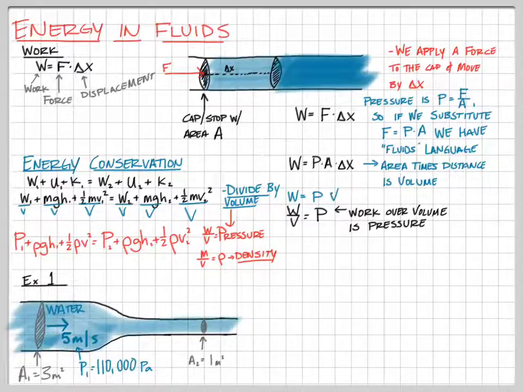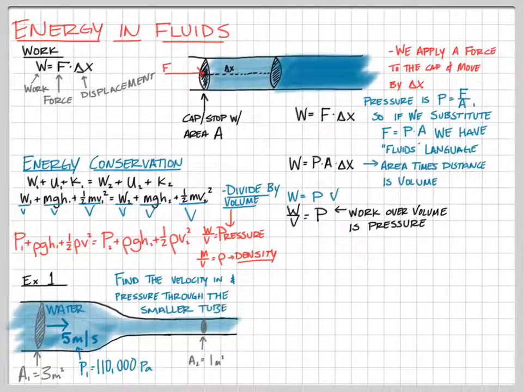That's all the information that we have. And I want to answer 2 questions. Find the velocity and the pressure through the smaller tube. I want the velocity in the smaller tube. I want the pressure through the smaller tube.